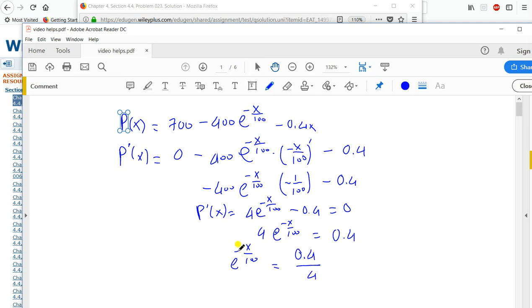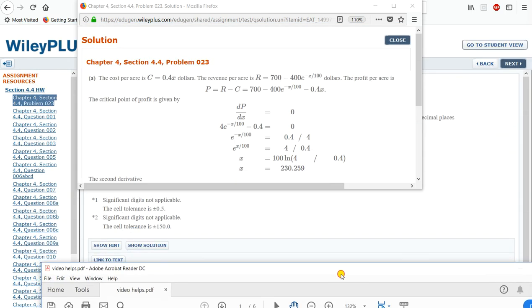Now you want to take away the negative exponent, so we can do that by changing that to a positive exponent, but you have to flip the fraction here, 4 to the top and 0.4 to the bottom, because you are changing the negative exponent, and remember the negative exponent is the reciprocal of the fraction. That's why you have to flip 4 and 0.4.